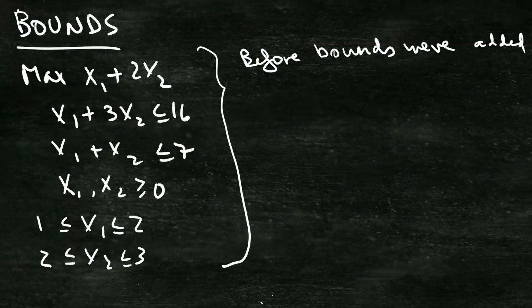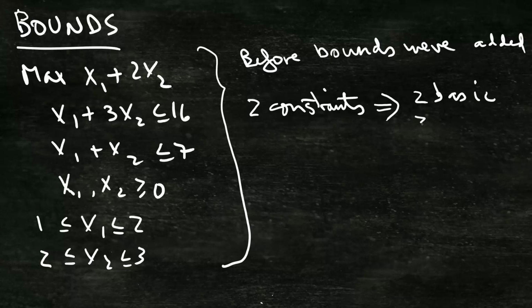So we have a total of 4 variables and 2 constraints, and we've rehashed that 2 of those will be basic and 2 will be non-basic. So 2 constraints implies 2 basic and 2 non-basic variables according to the old definition.